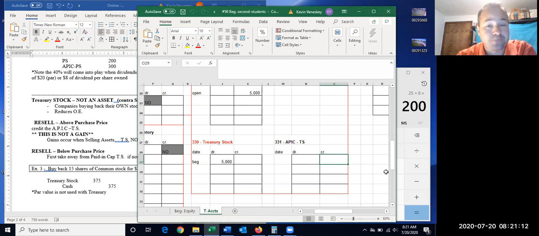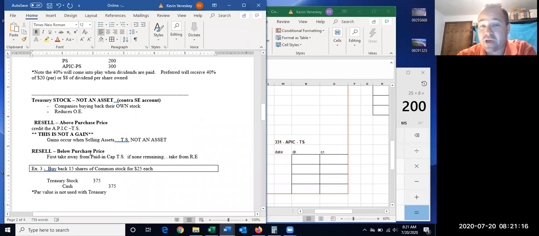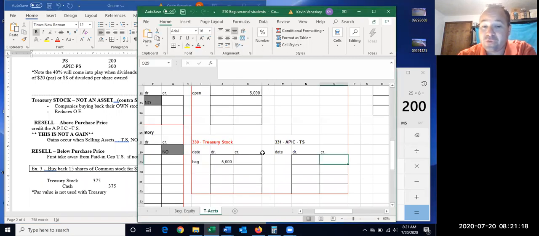That's pretty good. But if you ever resell it for below the purchase price, say I bought it for $5,000 and I resold it for $4,000, I have to get rid of it at the $5,000 because I don't want to show $4,000, because then it's going to look like I still have $1,000, but I don't. I got rid of it all.